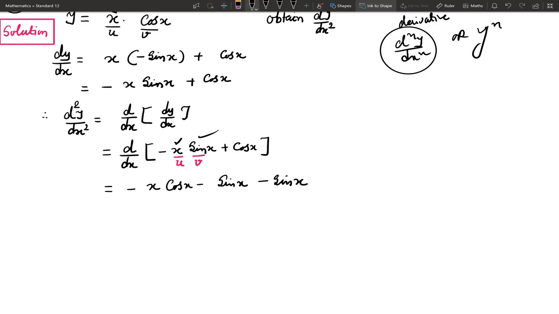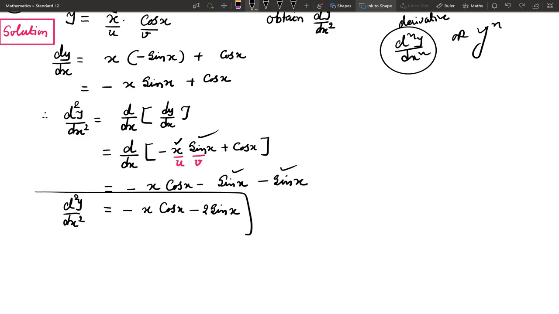So final answer is second order derivative minus x cos x minus sin x minus sin x. So simplification is minus x cos x minus 2 sin x. This is d2y by dx2, second order derivative.